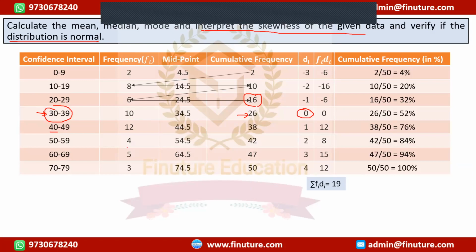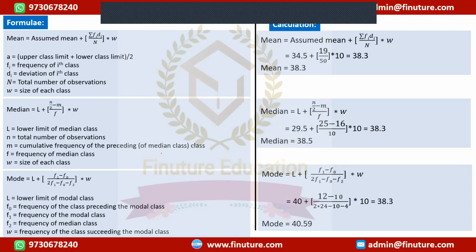So it's 12 and 10, and 4. So we have substituted that: 12 minus 10, upon 2 into F1, that is the frequency of your modal class, so it should be 12. So 2 into 12 minus 10 minus 4. It would be around 38.3. If you notice, it's not really 38.3. The mode is 40.59. Just a rollover mistake. So it's 40.59.